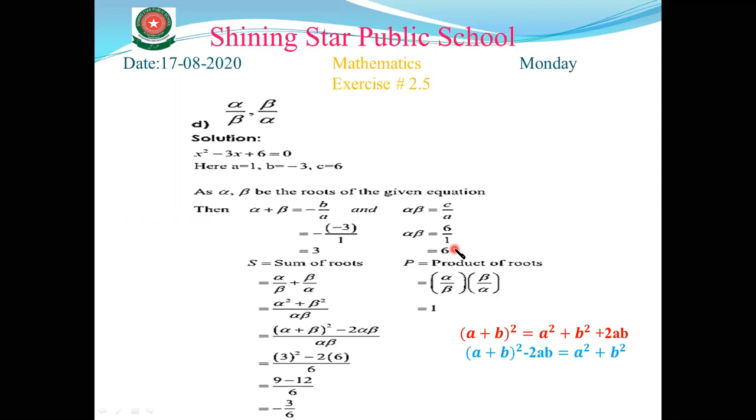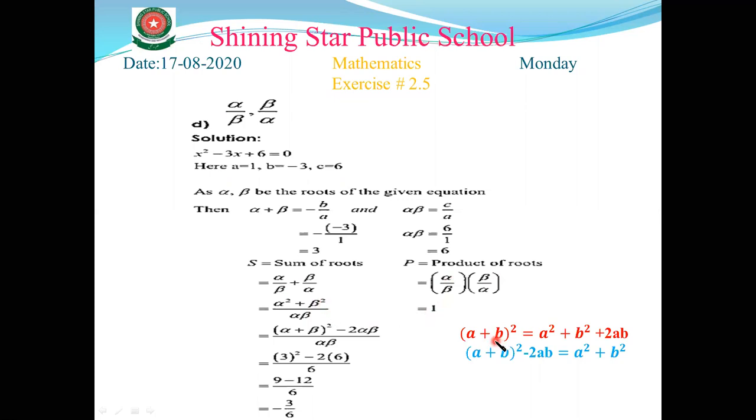So alpha beta is 6. Now the sum of the roots is alpha over beta plus beta over alpha. Now take the LCM, it becomes alpha square plus beta square divided by alpha beta. And here alpha cancels with alpha, beta cancels with beta. So the product of the roots is 1.